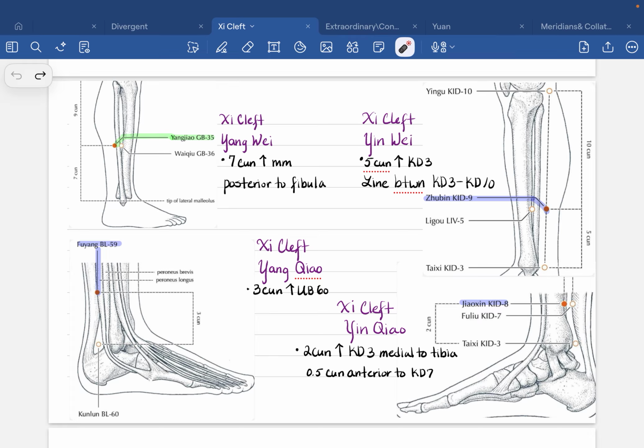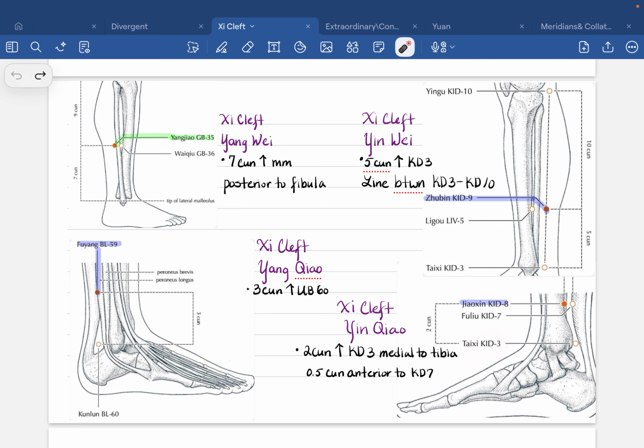We have the xi-cleft of the yin qiao, and that is going to be kidney 8. And where's kidney 8? 2 cun up from kidney 3. So we know that kidney 3 is lateral to the medial malleolus, right?